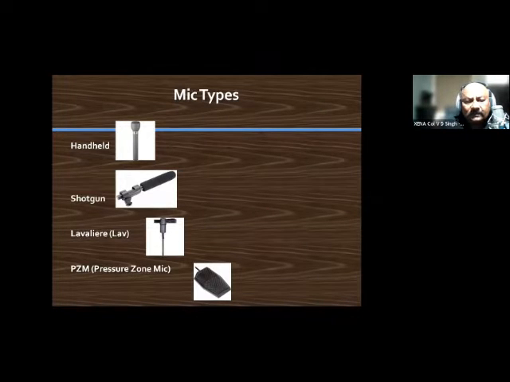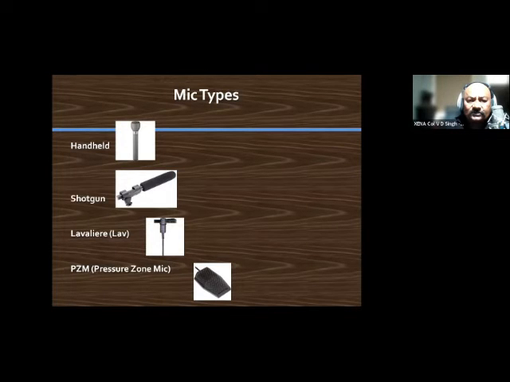And there are a number of types: you have handheld microphones, then you have shotgun microphones, which we often see with journalists. When you see TV, you find that kind of longish microphone attached to the camera, or sometimes to a boom stand. These microphones are highly directional.